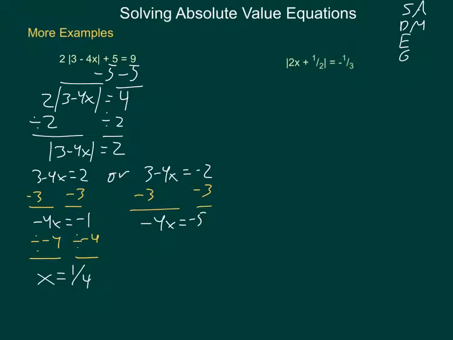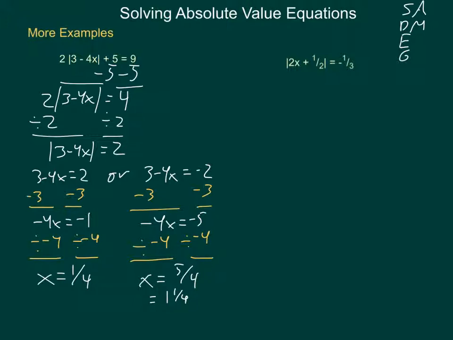Then, dividing both sides by the negative 4 tells me that x equals 5 divided by 4, which is 5/4 or 1 1/4. Either way, it's going to come out positive. I am going to write both options, 1/4 and 1 1/4, just so that we have them available.